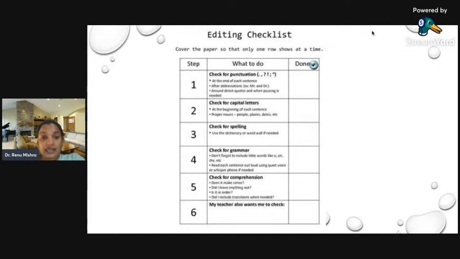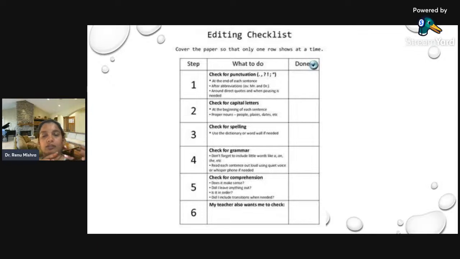Punctuation, done. Capital letters, done. Spellings, done. Grammar, done. Comprehension, done. My teacher also wants me to check. Now this is basically an open section I keep if your supervisor wants you to check something.